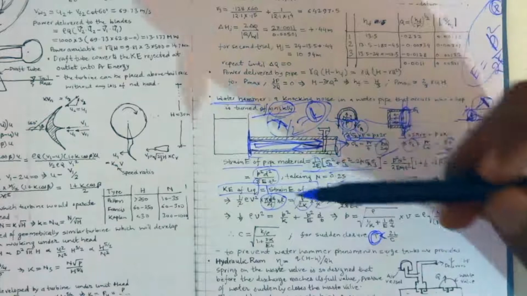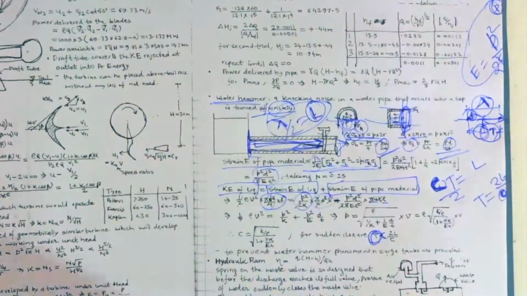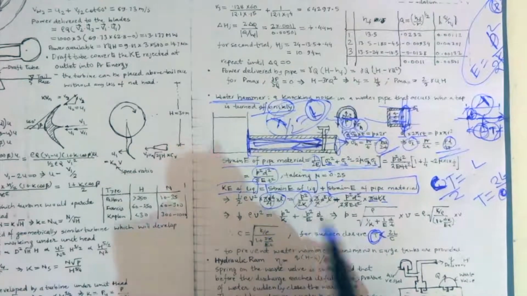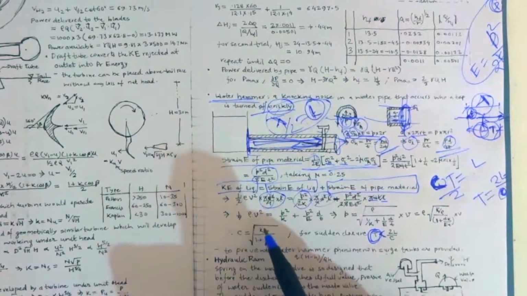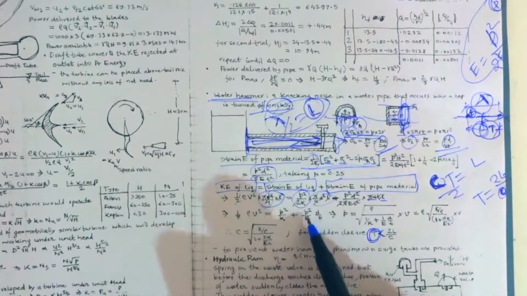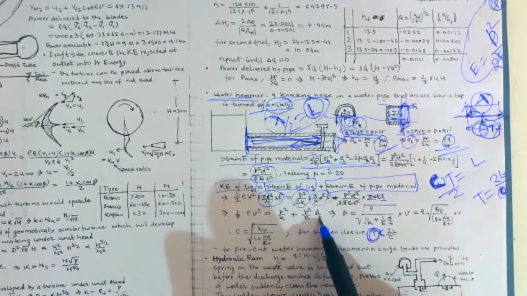Then we solve this equation. We get that half rho v square is equal to p square over k plus p square over E, d over t.